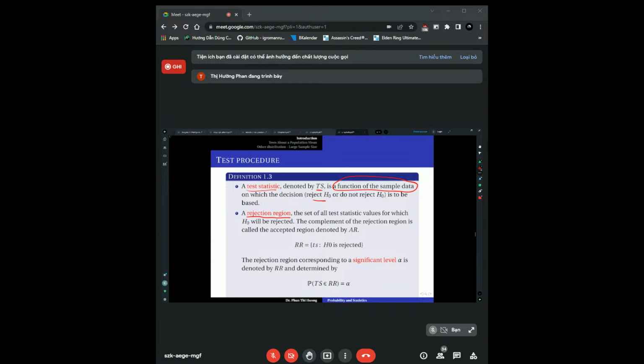This is the collection, the set of all test statistic values for which H0 will be rejected. So the rejection region, indicated by RR, is the set of all test statistic values where H0 is rejected, and this is a real interval.